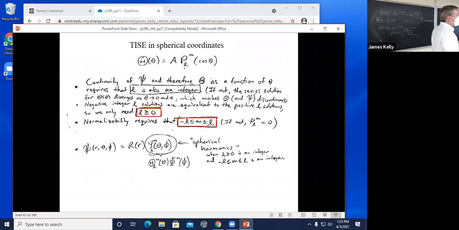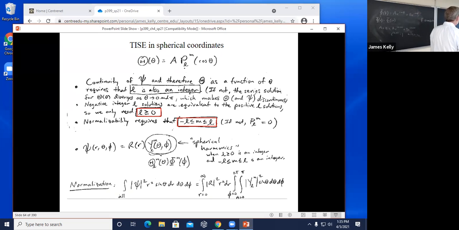The nice thing about them is they appear all over in physics because they don't depend on the potential here, and they actually come out of other partial differential equations too. So they end up being very generically useful, not just in quantum mechanics and not just in the hydrogen atom or something like that.